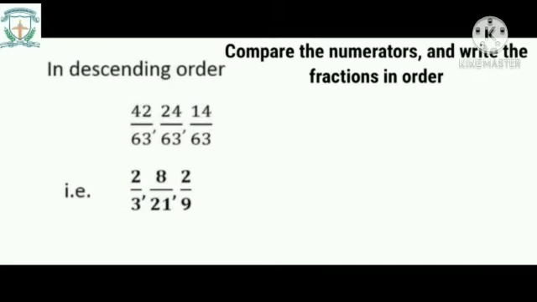Compare the numerators and write the fractions in descending order: 42 by 63, 24 by 63, 14 by 63, that is 2 by 3, 8 by 21 and 2 by 9.